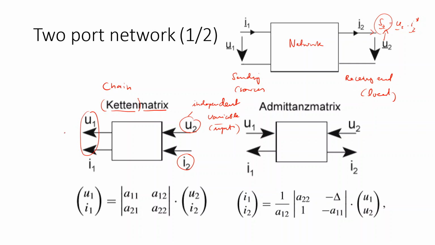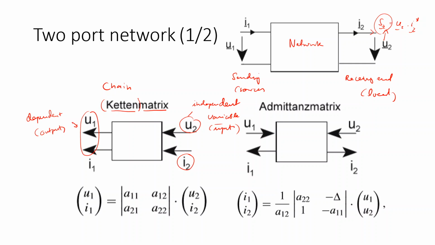Look at the arrows of these two. These become dependent, or if it is a function, an output, because knowing this, you could compute this. That is why it is called the chain matrix, because it is tying up the set of two variables from one end to the other end.